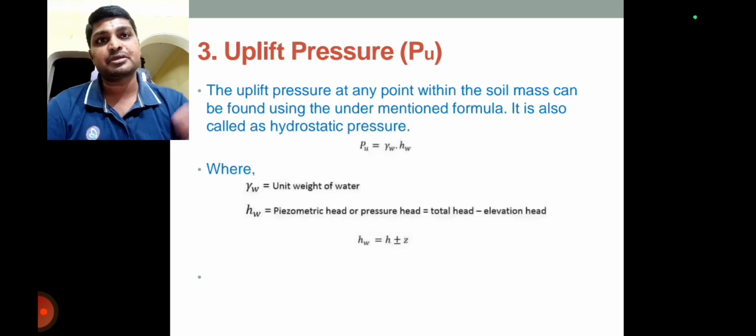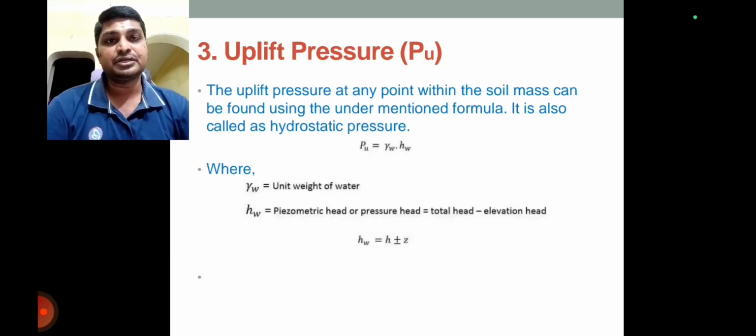Then coming to the next application, finding the uplift pressure, which is very important for the construction of dams, earthen dams, bridges or any kind of water structure.